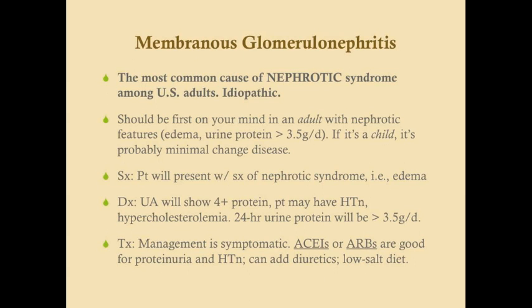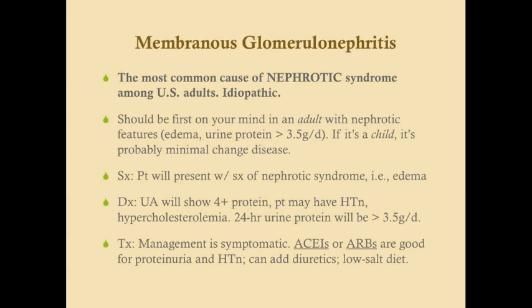So these patients have full-blown nephrotic syndrome, and membranous glomerulonephritis is going to be your answer, unless there's anything else which may make you think of another diagnosis. Then you're going to want to exclude those.